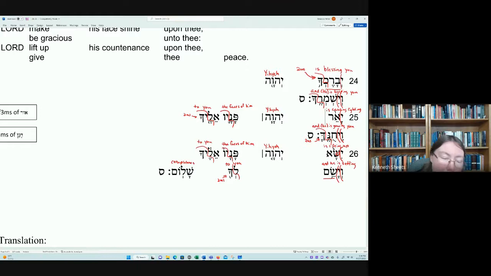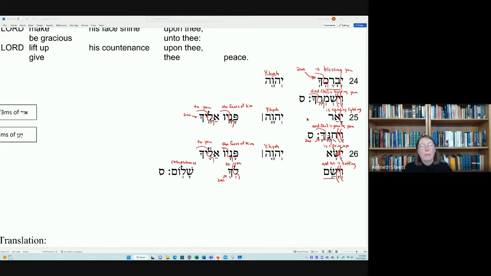Now, one of the interesting things here as well that I do want to point out before I hand it over to the dean, notice that all of these here, Yihya is blessing you and he is keeping you. Yihya is causing lighting the faces of him to you, and he is gracing you. Yihya is lifting up the faces of him to you, and he is setting to you completeness. All of those used there are second masculine singular.